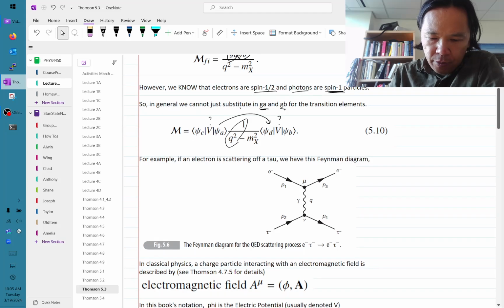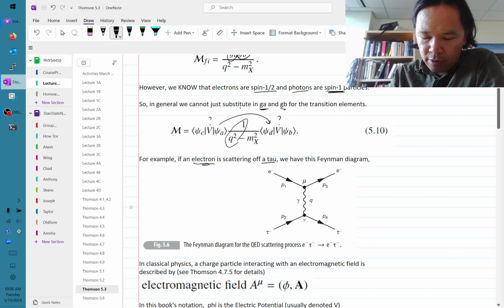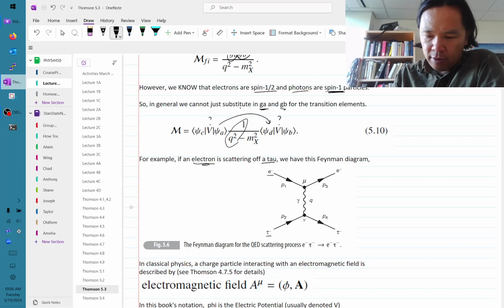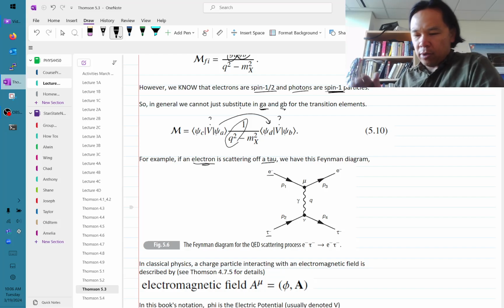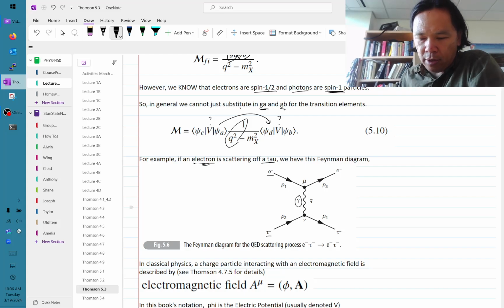So for example, if we were to scatter an electron off a tau, you have an e minus here and a tau minus here. They both are negatively charged, so when they come close together, they will bounce off each other. And in quantum electrodynamics, this is done through an exchange of a photon, which is the symbol gamma here.